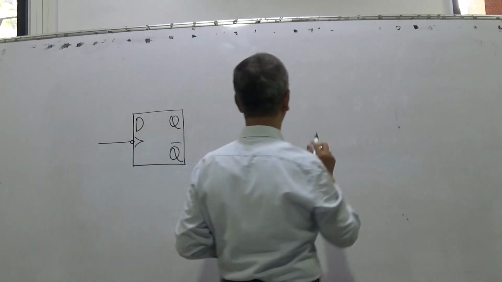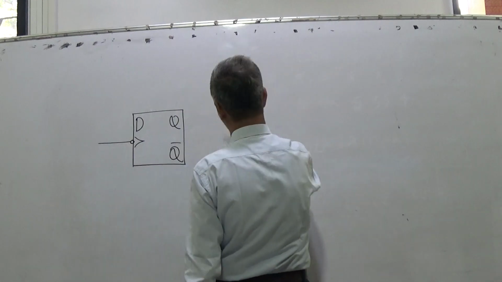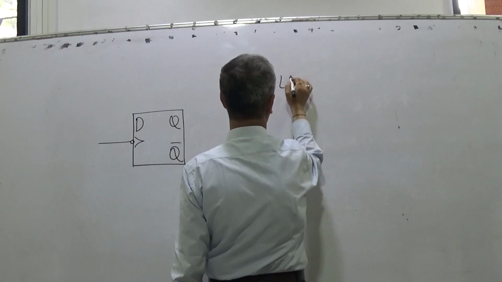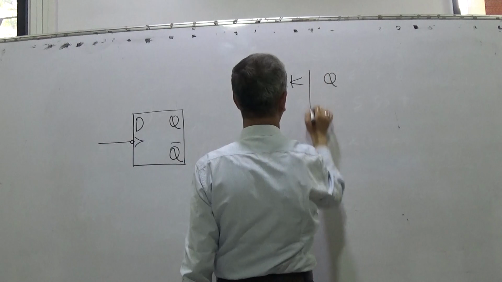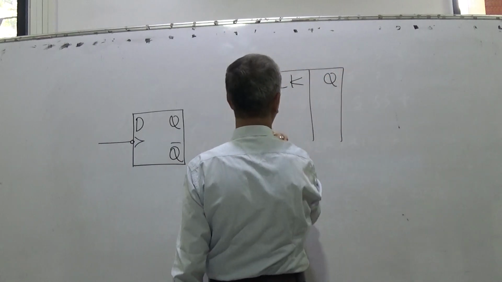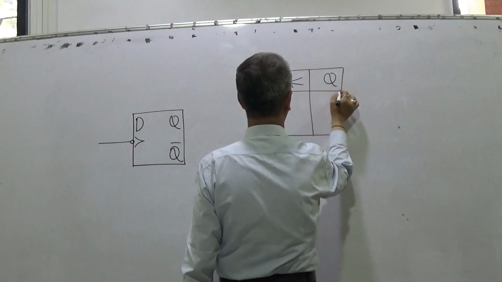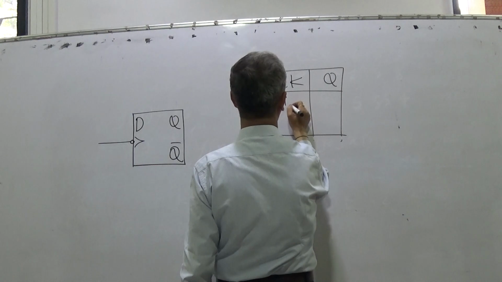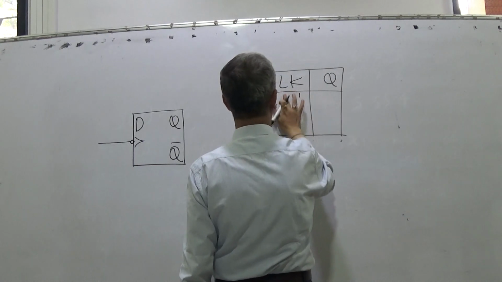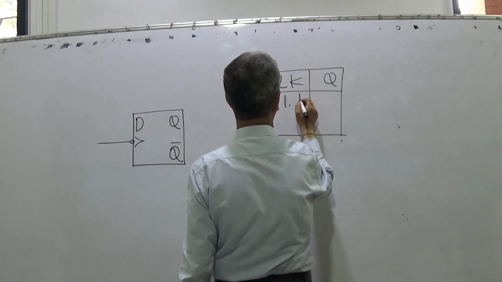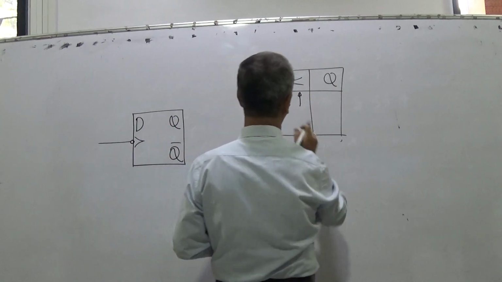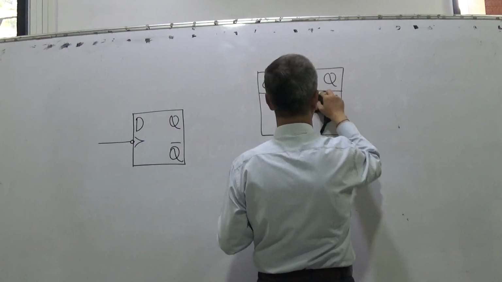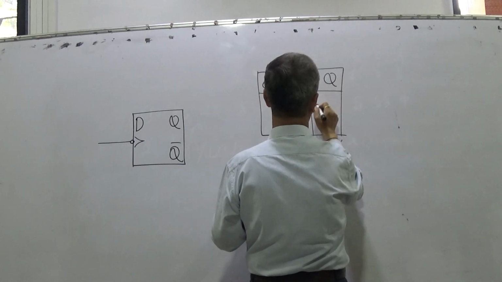The truth table of the flip-flop was explained in the earlier video: clock and Q. When the clock is 0 or going up, normally these are active low, Q remains in its last state. The flip-flop maintains its last state.